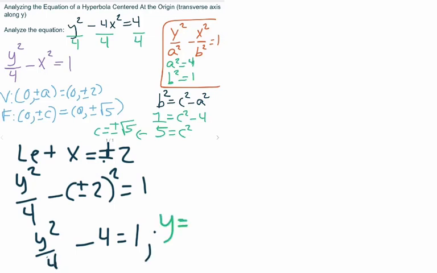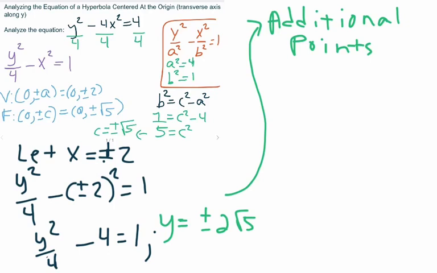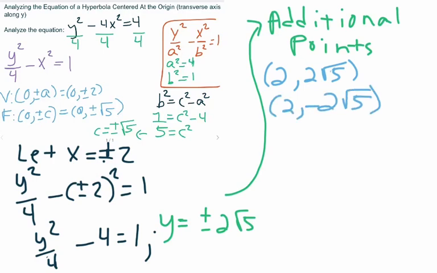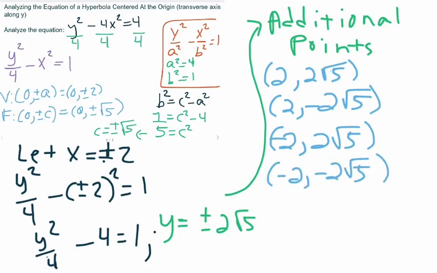Solving for y, we get plus or minus 2 times the square root of 5. From here, we can label the following additional points: 2 and 2 times the square root of 5, 2 and negative 2 square root of 5, negative 2 and 2 square root of 5, and negative 2 and negative 2 square root of 5.